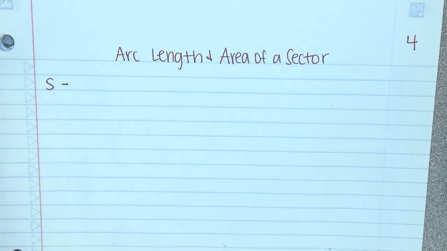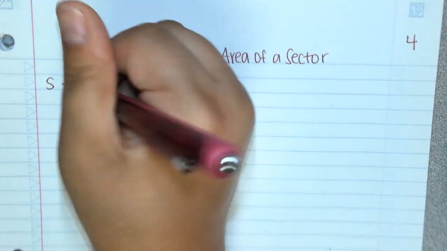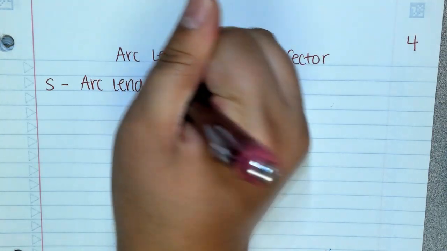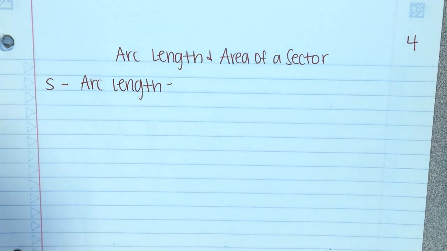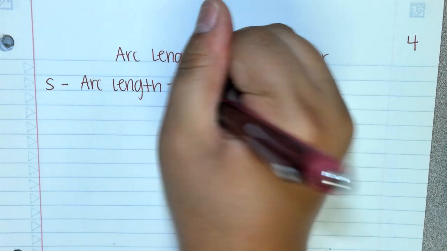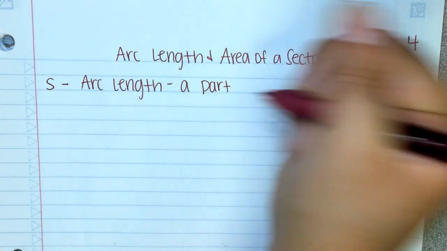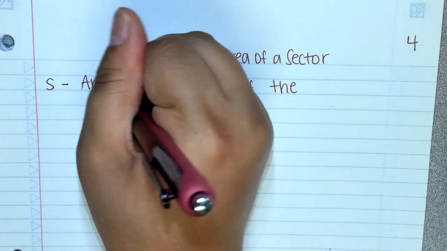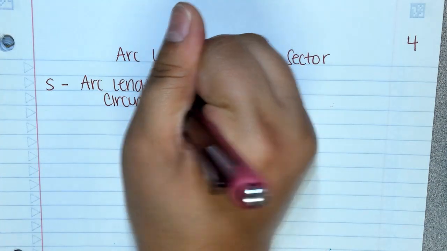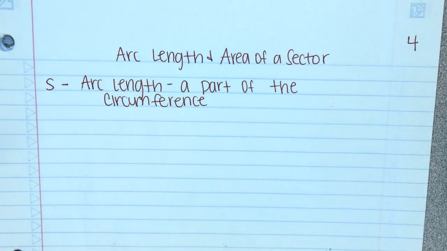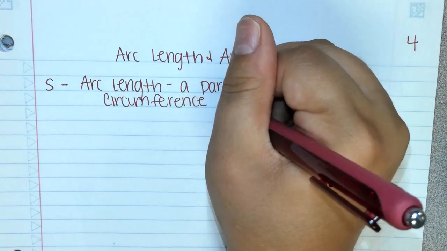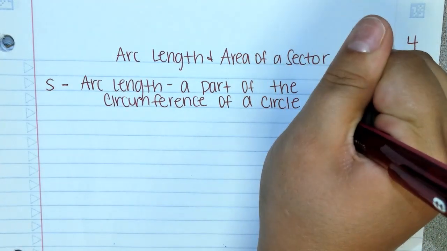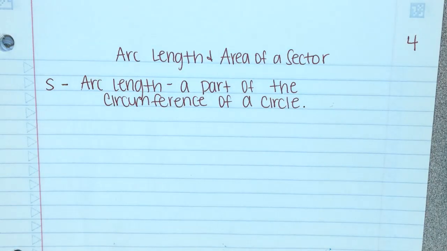What is arc length? Does anybody remember? It is a part of the circumference of a circle. Think of the crust on a pizza.